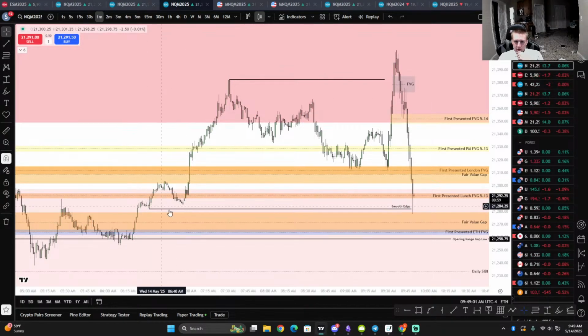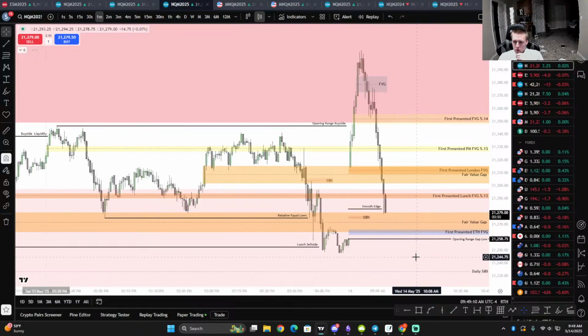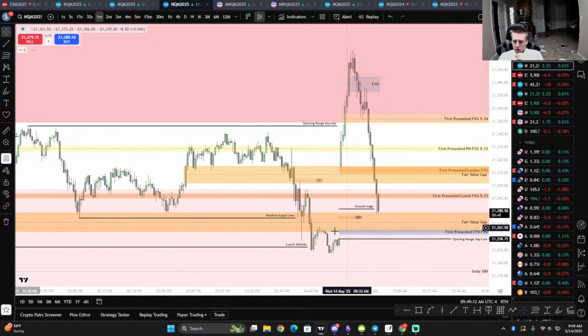That's your pre-market sell side liquidity as well. Let's see if we want to fill up the opening range gap here.